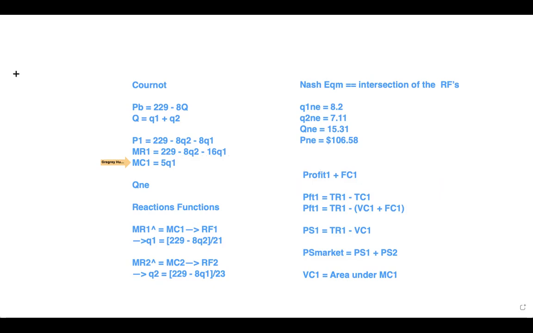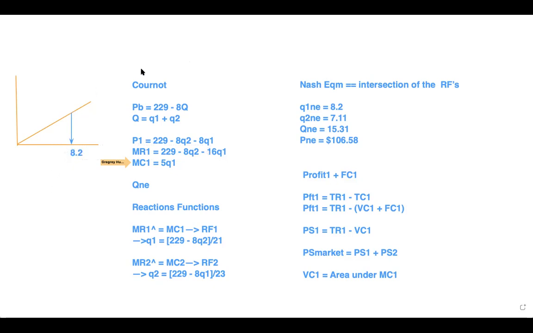So we're going to end up computing the area of a triangle. Michael Barbie, how much did you say that firm one was going to produce? 8.2.